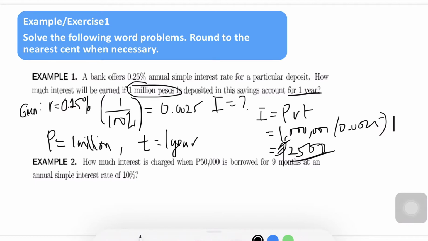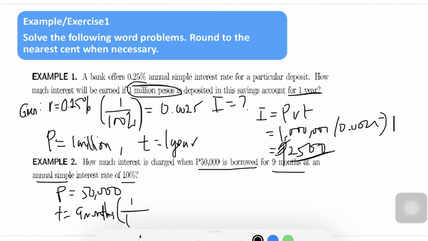Okay, number 2. How much interest is charged when 50,000 is borrowed for 9 months at an annual simple interest rate of 10%? So annual, meaning per year. We're given the principal: 50,000 is borrowed, so that is your principal. Then for 9 months, convert that to years.